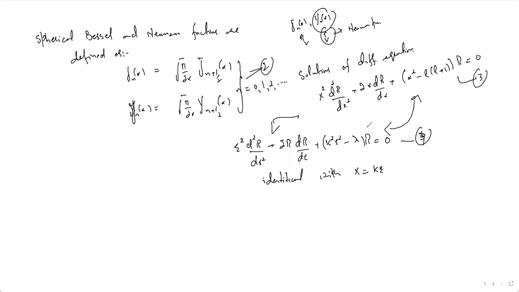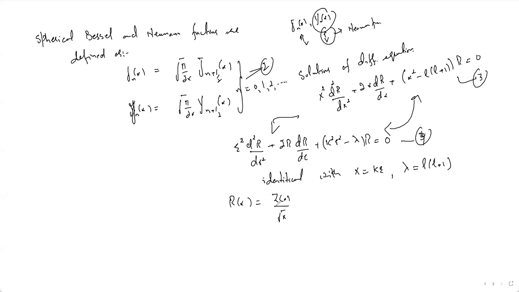If you use x is equal to kr in this equation, it becomes the same, and lambda is equal to L into L plus 1. So equation 3 and equation 4 are identical. Now again, as I was saying in the introductory part, I can substitute R of x into Z of x divided by under root of x, that is x raised to the power under root of x.